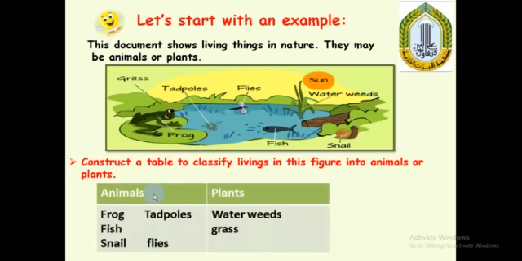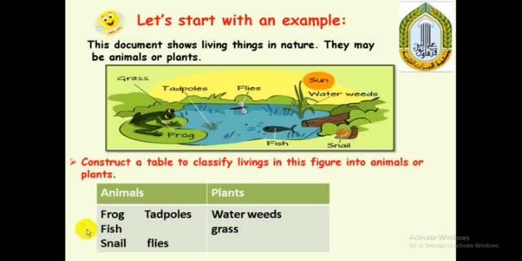So here we have the first subtitle, the second subtitle, and the classification of the different living things. As you can see, the frog is an animal, so we write it underneath the word animals. The water weeds is a plant, so we write it underneath this subtitle.